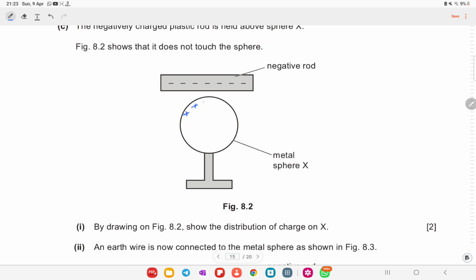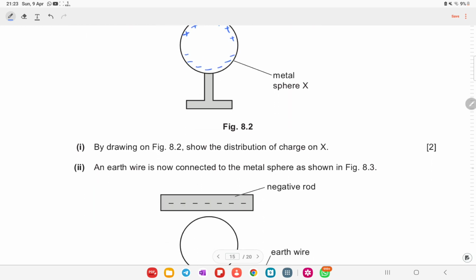Initially this sphere is neutral. All the positive charges will be attracted towards the negative rod, and the negative charges will be repelled, because like charges repel and unlike charges attract.